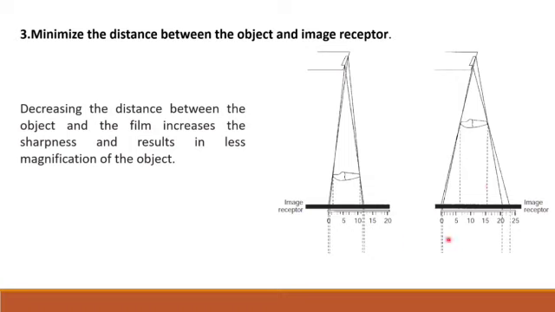And now compare the unsharpness here. We could see more of unsharpness in this image where the film which is placed away from the object. So minimize the distance. Try to keep the distance less between the object and the film image receptor.